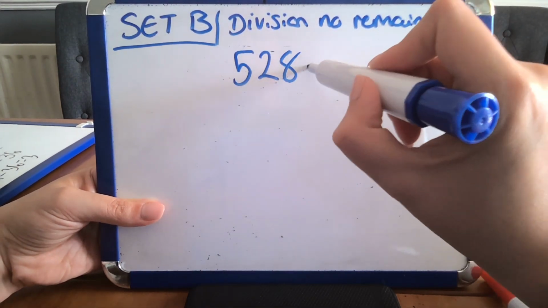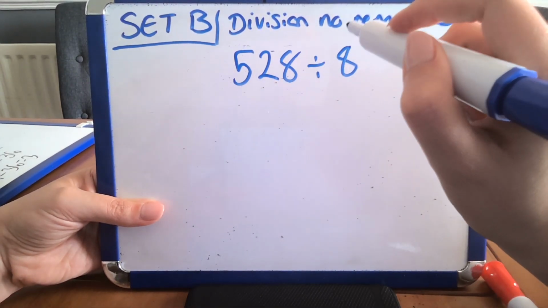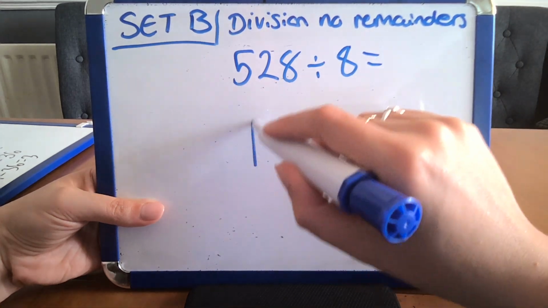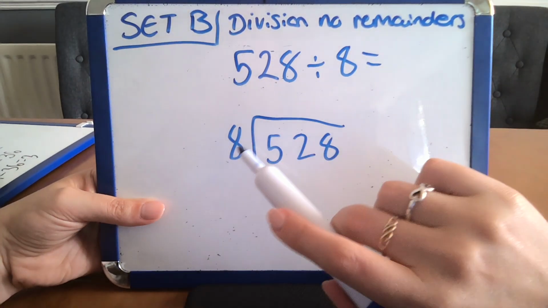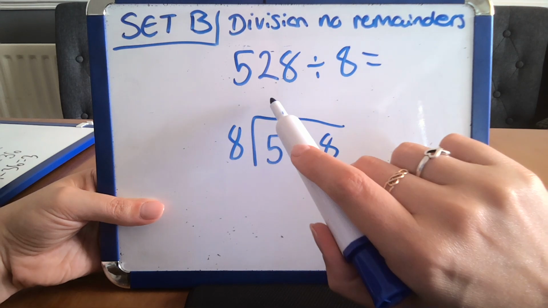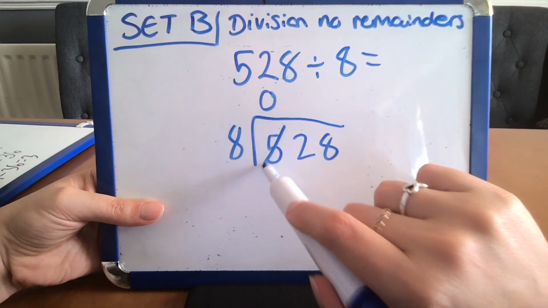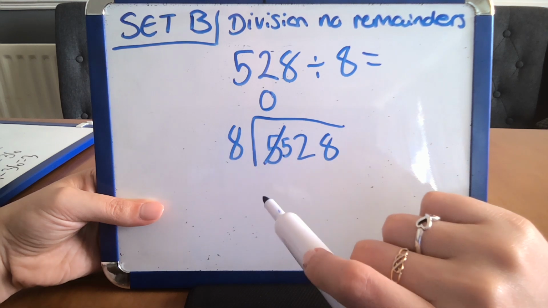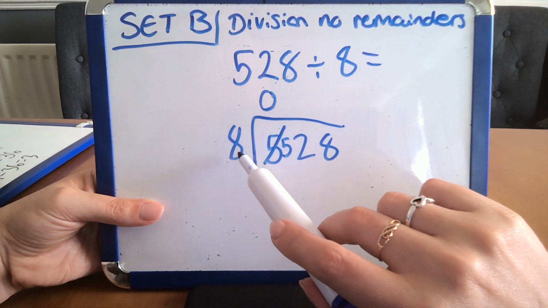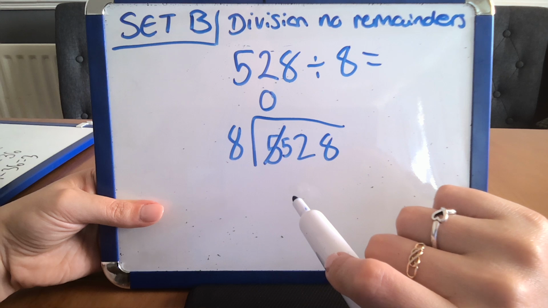Question for set B is 528 divided by 8. How many 8s go into 5? 0. So we cross that through and put our 5 here, making that number 52. How many 8s go into 52?